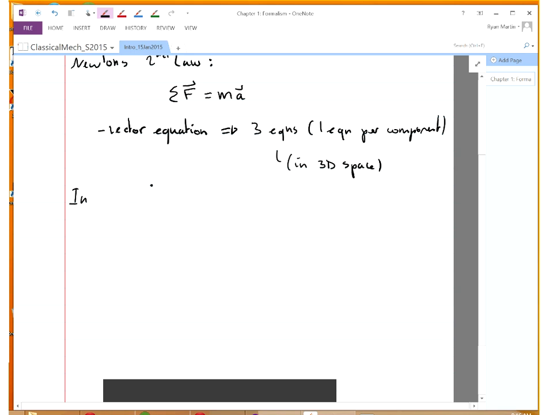So in analytic mechanics, usually when I define something for the first time, I put it in quotation. So in analytic mechanics, we use scalars instead of vectors to describe a system.